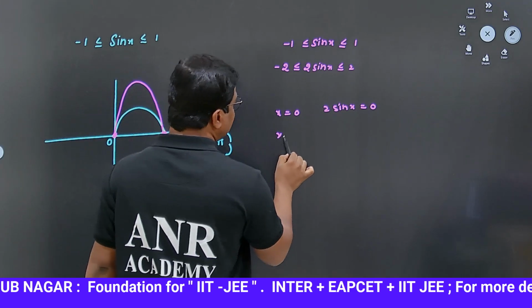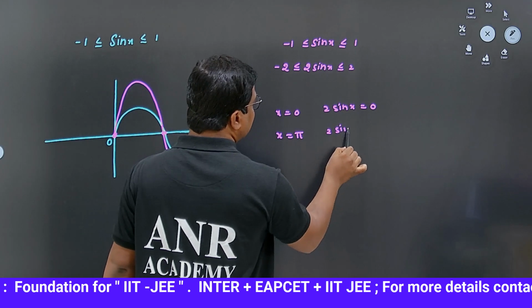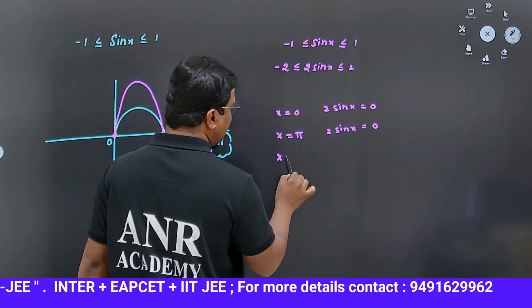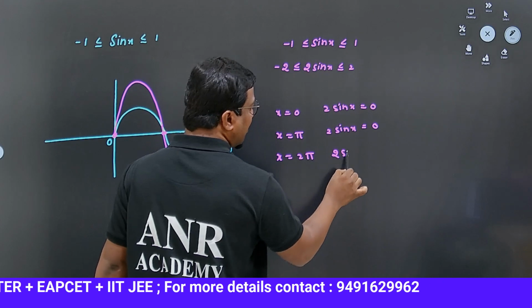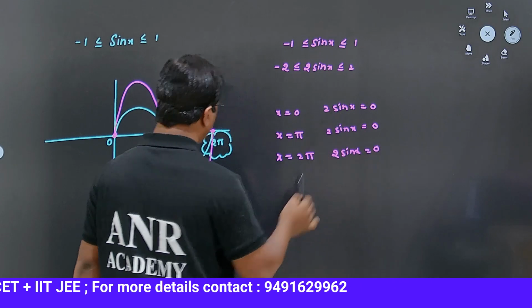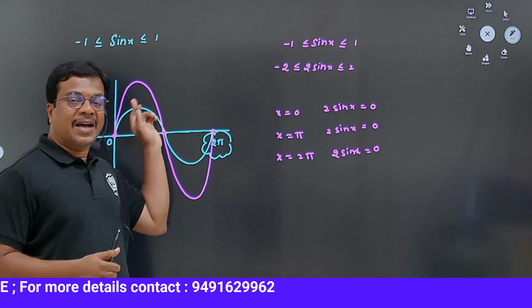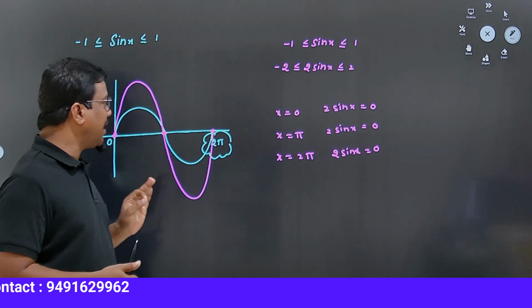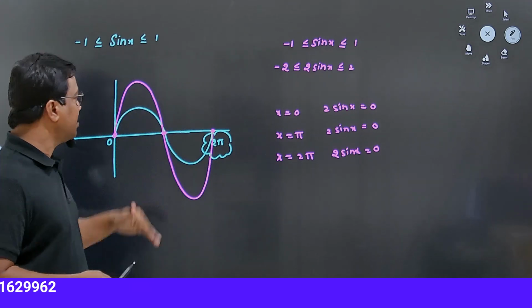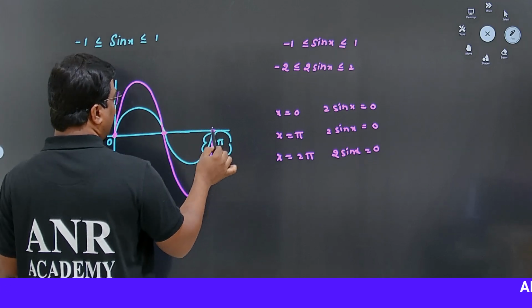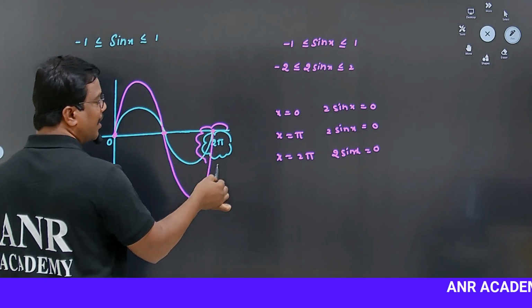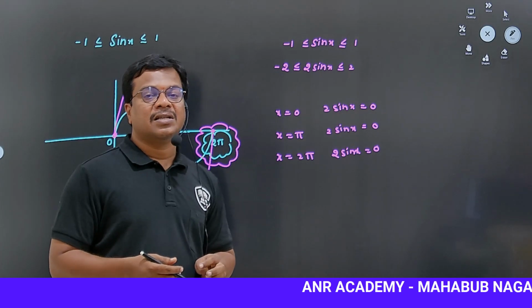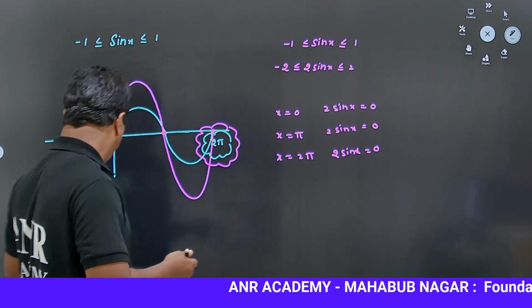Next, when x equals pi, 2 sin x is also 0. Next, here 2 pi. Suppose you write the x value 2 pi, again 2 sin x is 0. That is, the graph crosses the x-axis at the same points as sin x, but the only difference is in the range. So here again the graph repeats at 2 pi. So when you multiply some constant to the given function, the period of the function does not alter, remember.